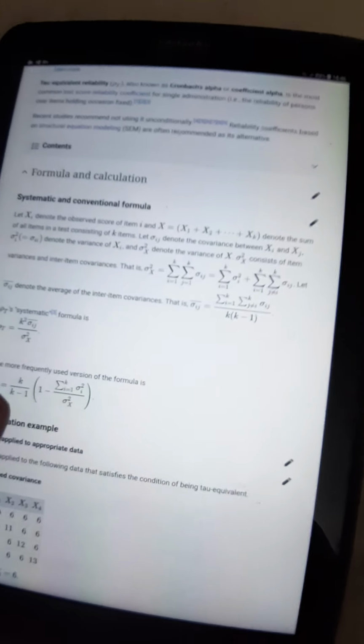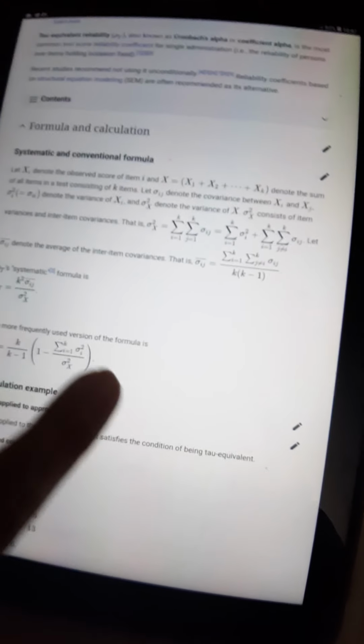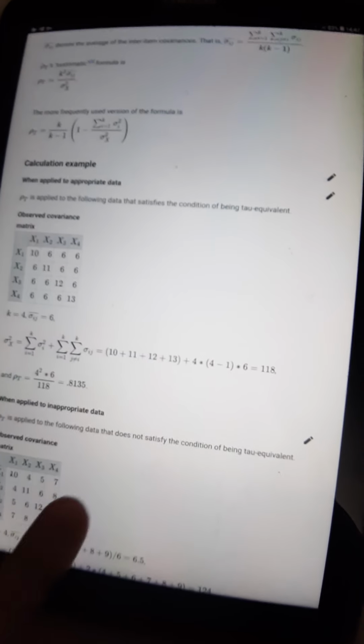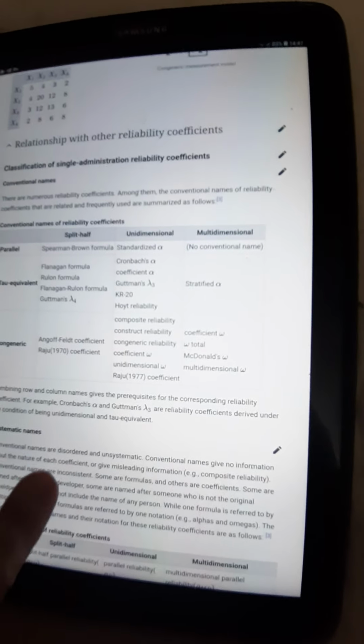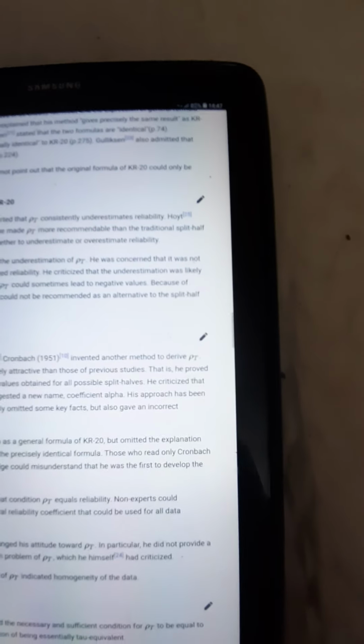Now we go to Wikipedia. There are lots of formulas; this is the more frequently used version of the formula. This is the observed covariance, and there are lots of other formulas I'm not looking for. Two equivalent versions, these are not useful for us. Relationship with split-half and tau-equivalent reliability, these are also not useful for me. Cronbach, 1951, the history, I'm not looking for it.